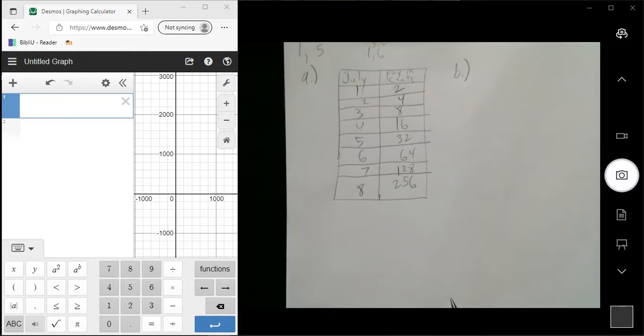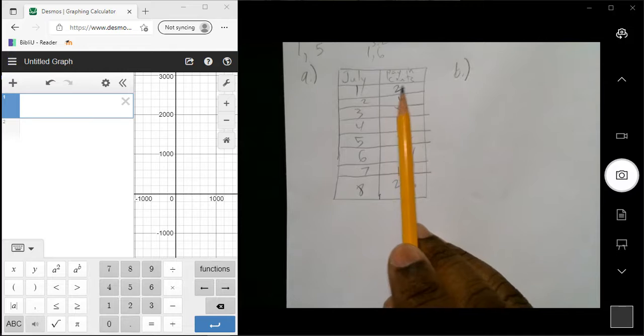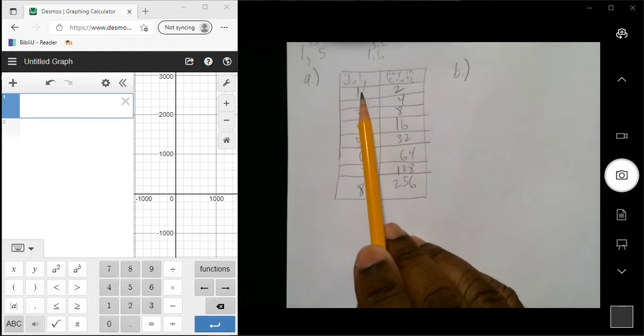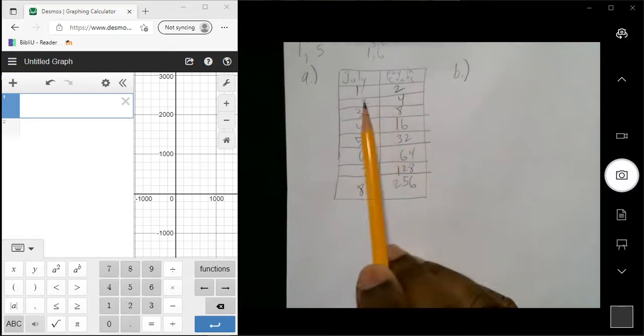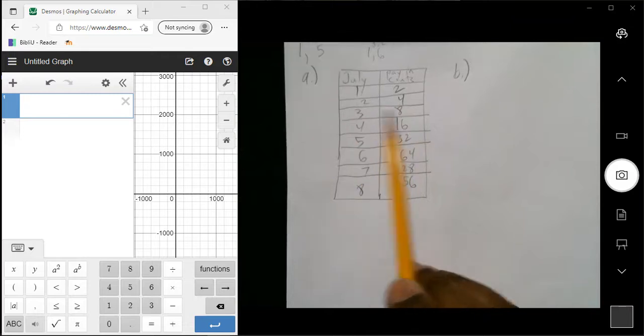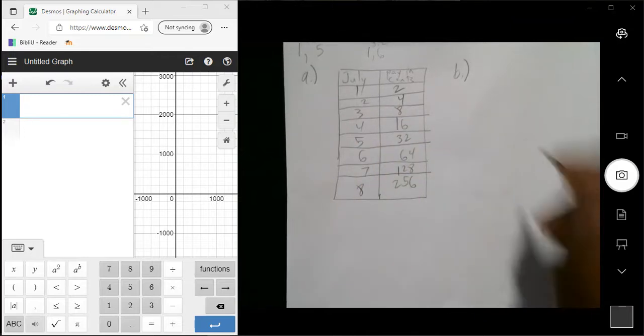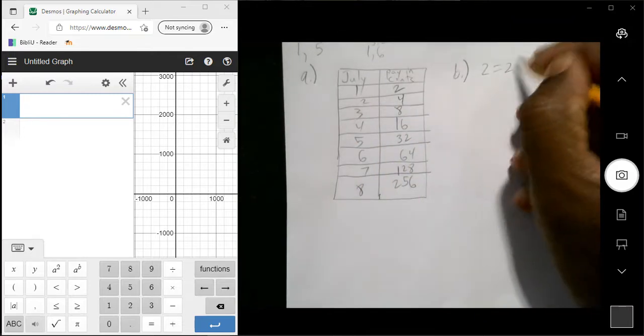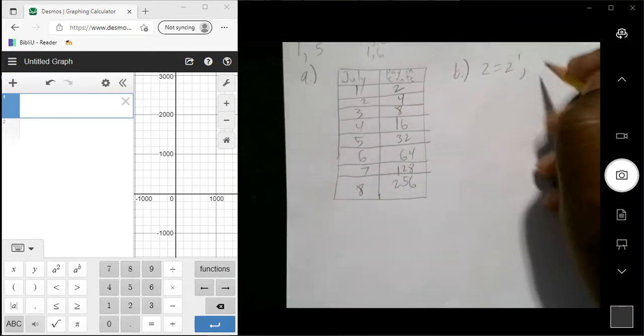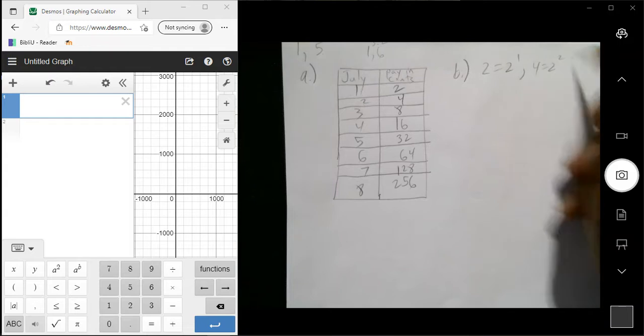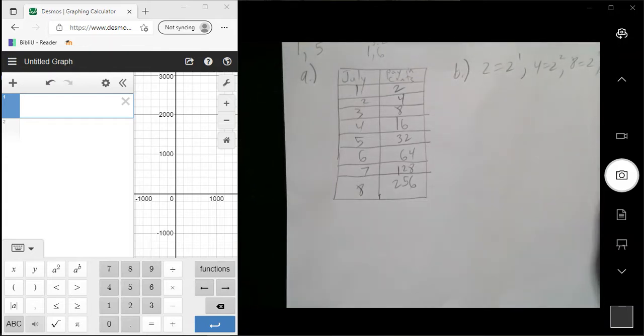So basically, 2 to the first power is 2. 2 to the second power is 4. 2 to the third power is 8, and so on. So we'll put 2 is equal to 2 to the first. 4 is equal to 2 to the second. 8 is 2 to the third. 16 is 2 to the fourth. 32 is 2 to the fifth.